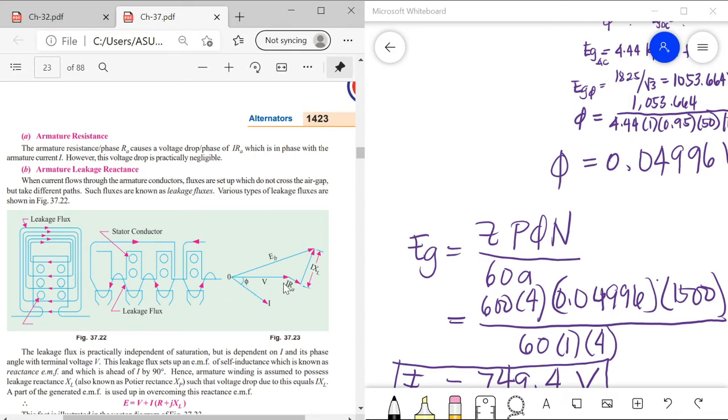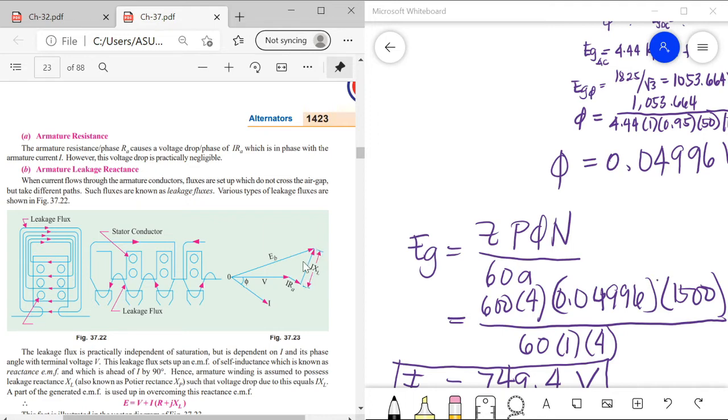This is the drop IRA, and as we all know, if your load is reactive, the current is inductive, 90 degrees with respect to the voltage. So this is 90 degrees: IRA, the drop in your armature resistance, and the drop in your inductive reactance.